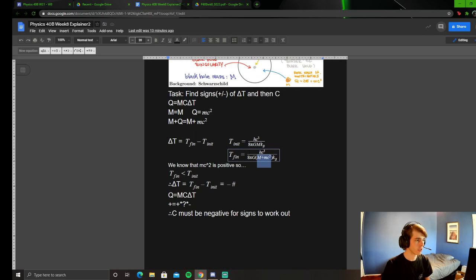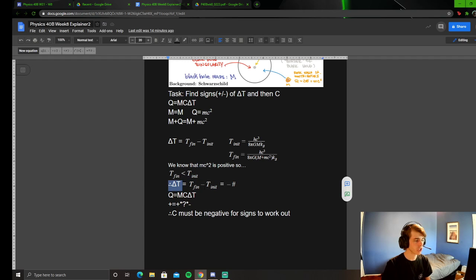So we know that since the denominator of the final will be greater than the initial, this final value will actually be less. Since the final is less than the initial, final minus initial is a negative number.